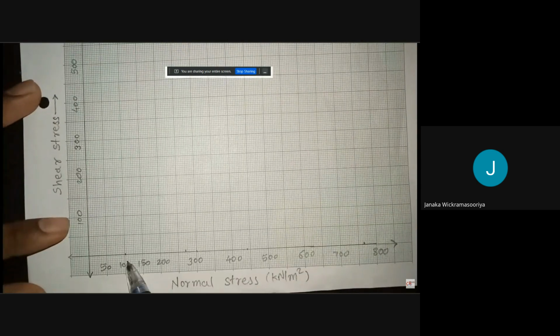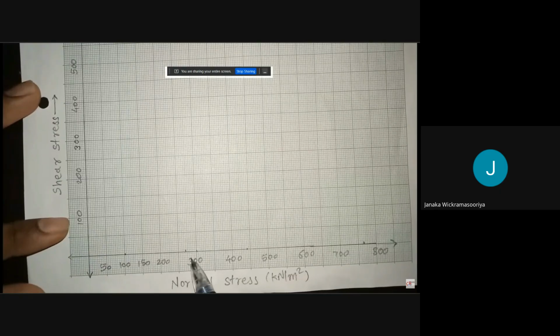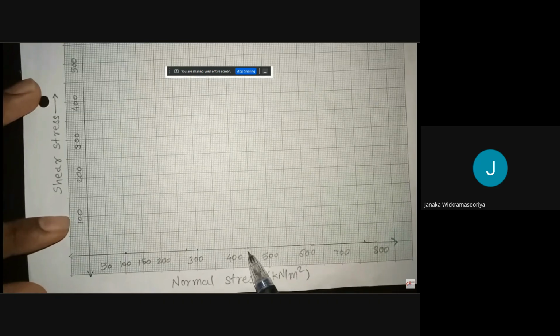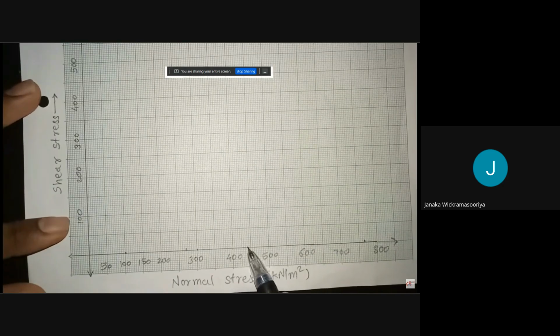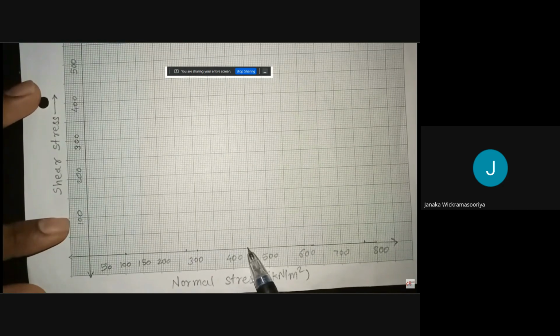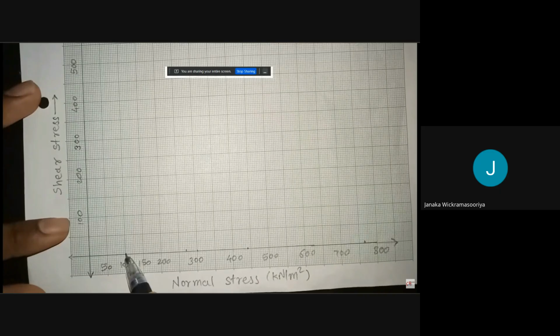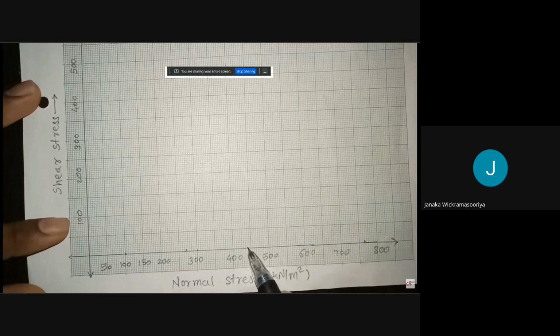This is sigma 3 plotted. Now sigma 1, I have to plot 440. So this is 400, this is 450, 440 somewhere here. So I have plotted 2 points, sigma 3 and sigma 1.